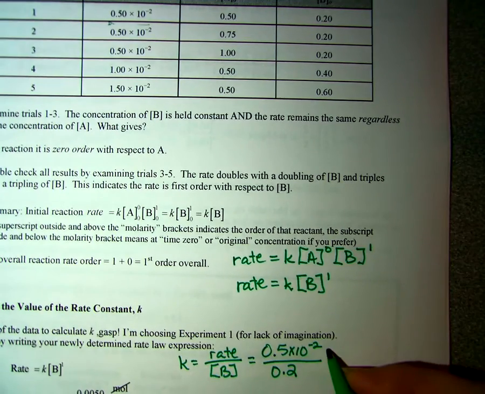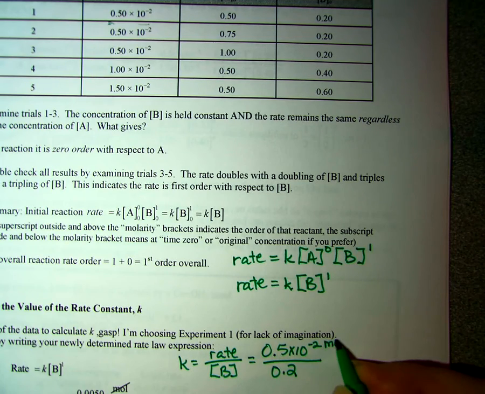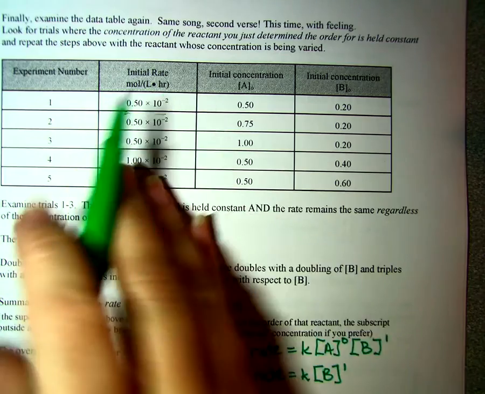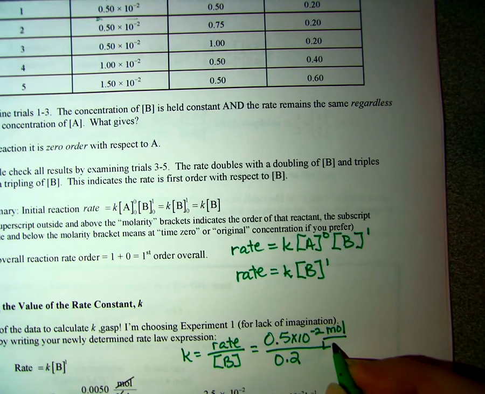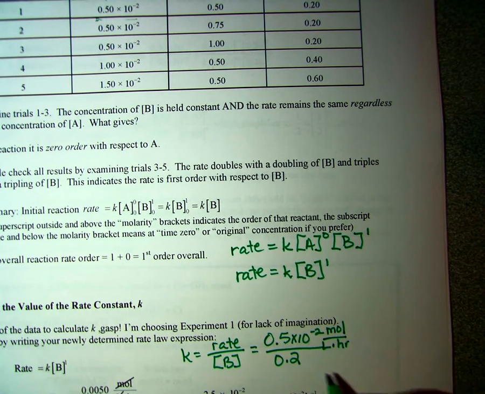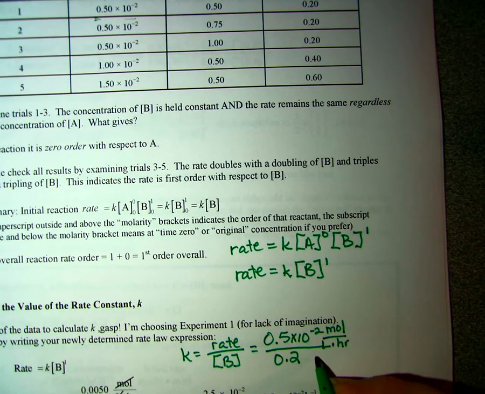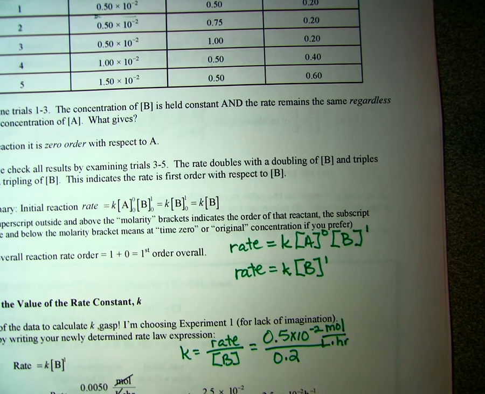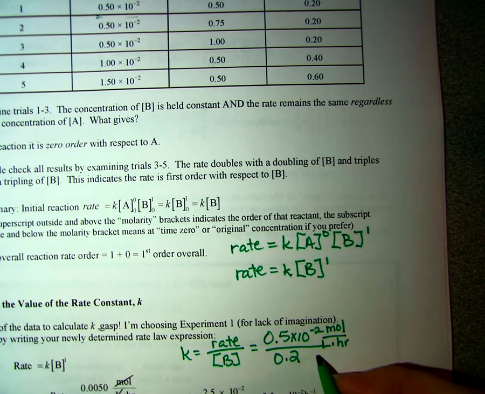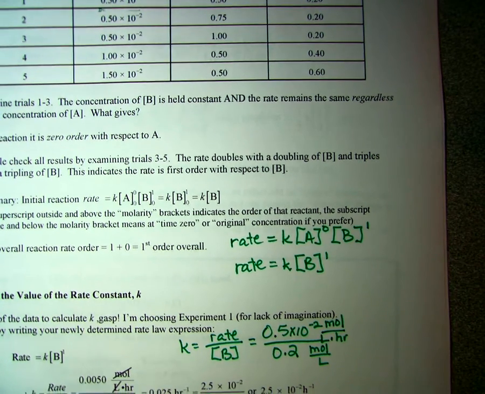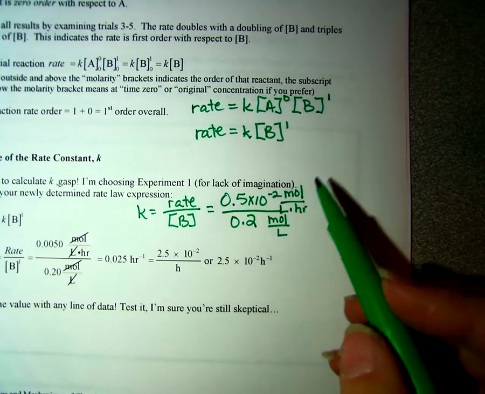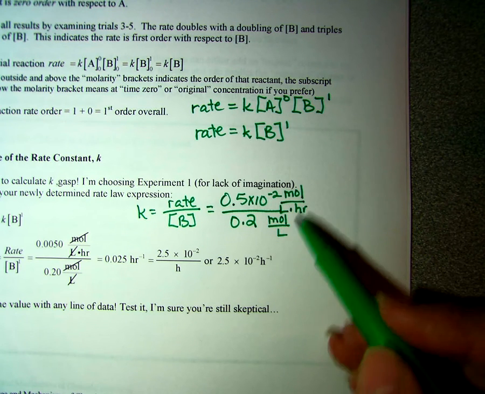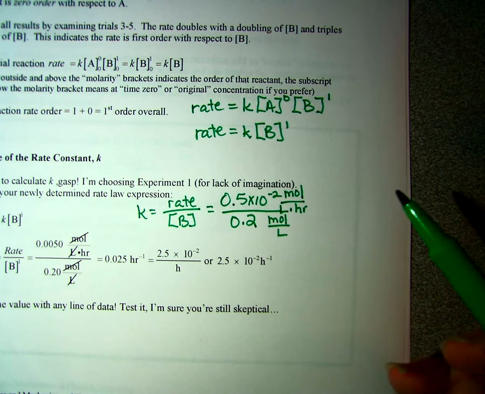You do need to use your units, and the units are actually given to you in the table. So you have moles per liter times hour, and the concentration is in molarity, or moles per liter. That way it would be in the same units as your rate, okay?